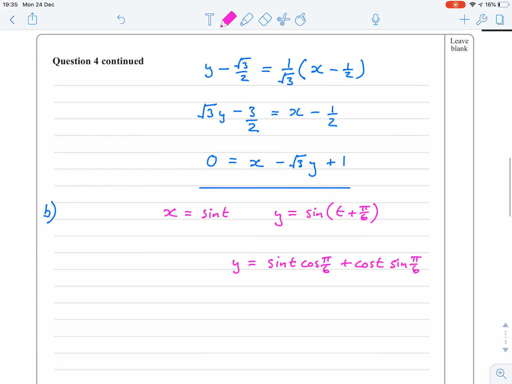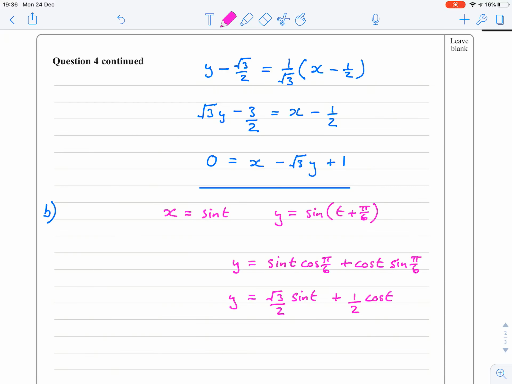Now we'll put some numbers in. Cos pi by 6 is cos 30 degrees, which is root 3 over 2. So this is root 3 over 2 sine t plus sine pi by 6 is a half, so this is a half cos t.